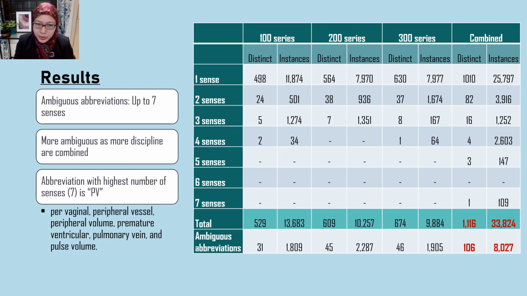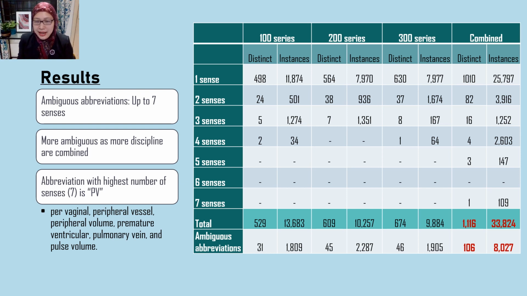When we look at the ambiguous abbreviations, we find that there can be up to 7 senses for one abbreviation, and that in our study is PV, which can mean per vaginal, peripheral disease, peripheral volume, premature ventricular, and so forth.